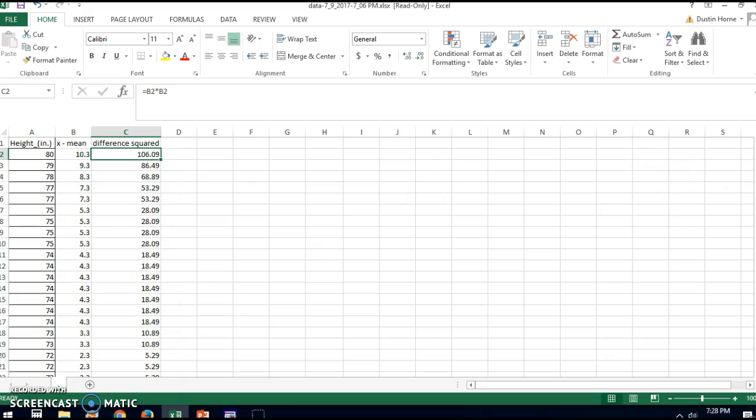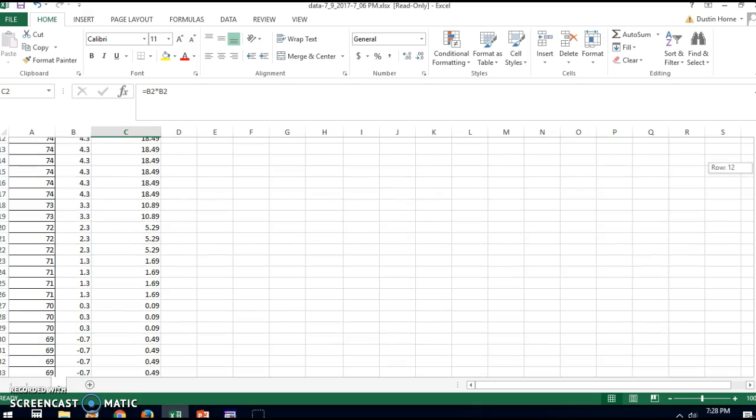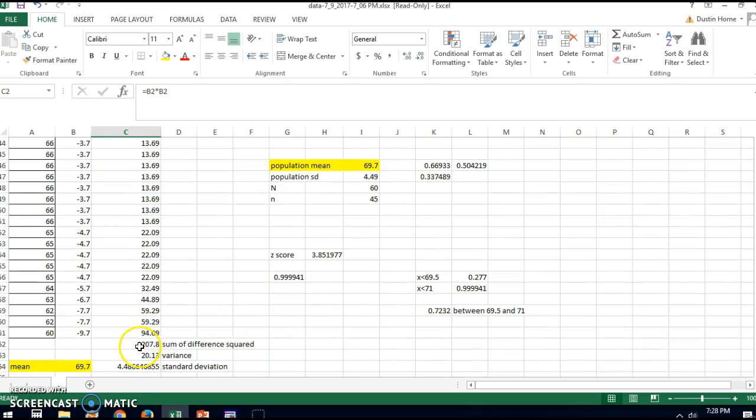Now, once you get your difference of your x value and your mean squared, you're going to take a sum. You're going to say equal sum and add these up. And then you're going to get your variance, you take the sum, and since this is actual population, you don't divide by n minus 1. You actually divide by n, the population. To get the standard deviation, you take the square root of the variance.